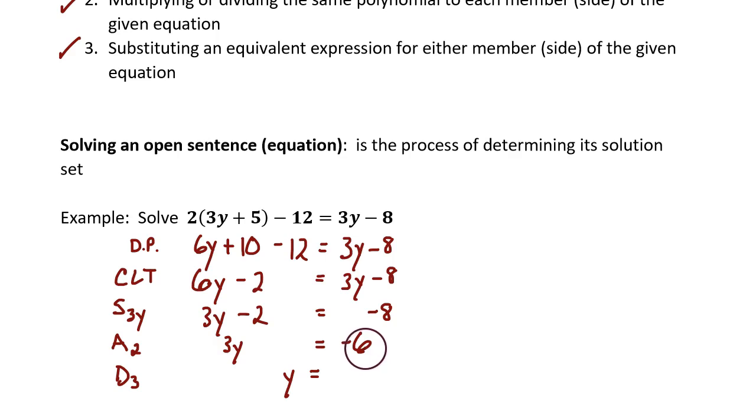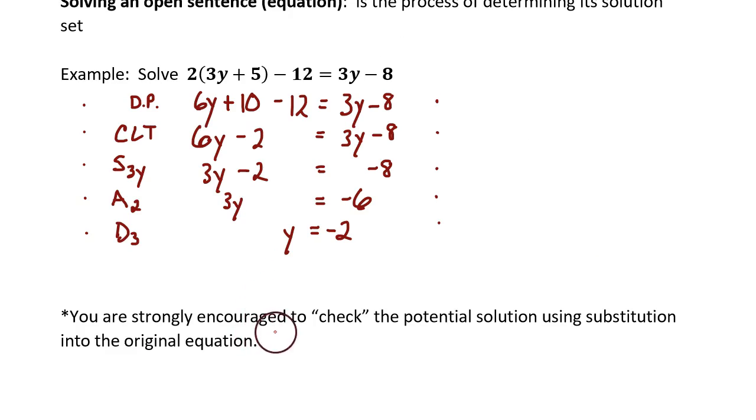And negative 6 divided by 3 is negative 2. Every one of these equations is equivalent to the beginning equation. And we created every one of those equivalent equations using properties and axioms that we discussed earlier this year.